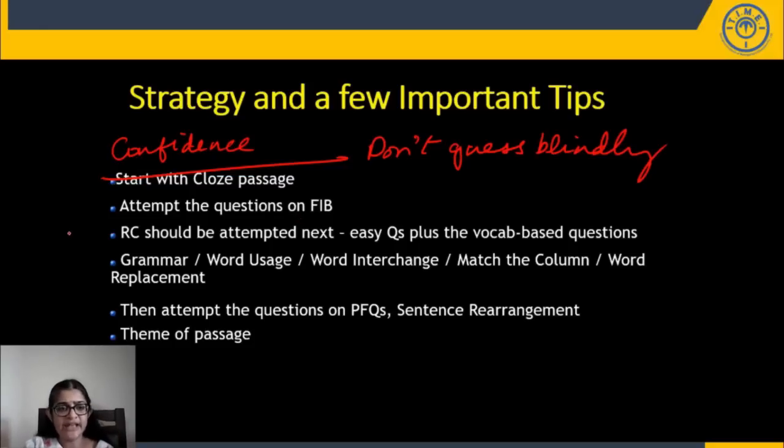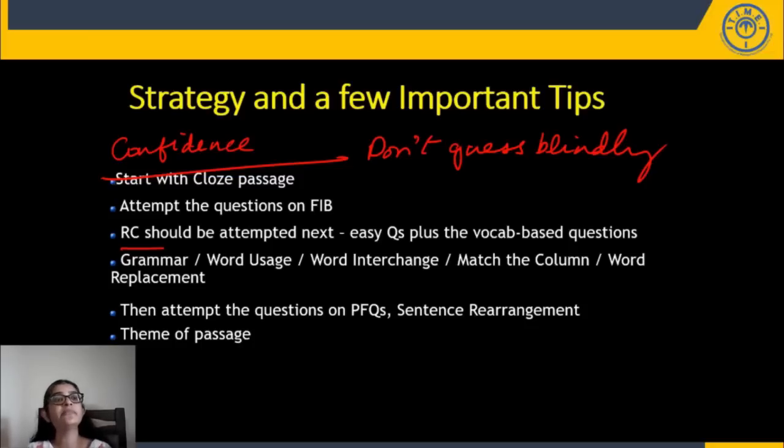After that, when we tell you that you may want to look at RC next, reading comprehension, you may say, no, I don't want to touch RC. The good thing with RC is once you quickly read through the passage and understand it, you will definitely have a few easy questions, and you may have vocabulary based questions also.